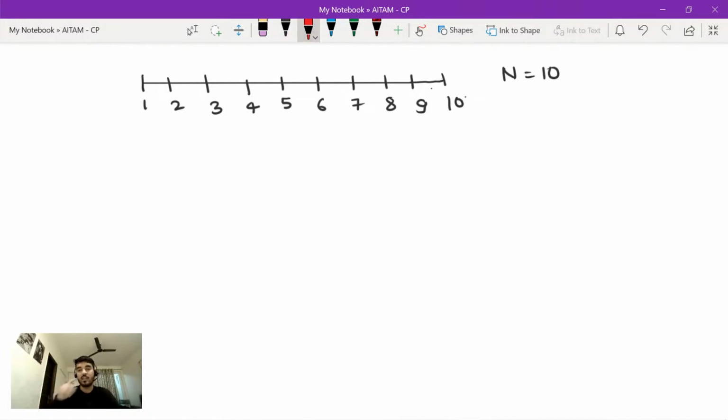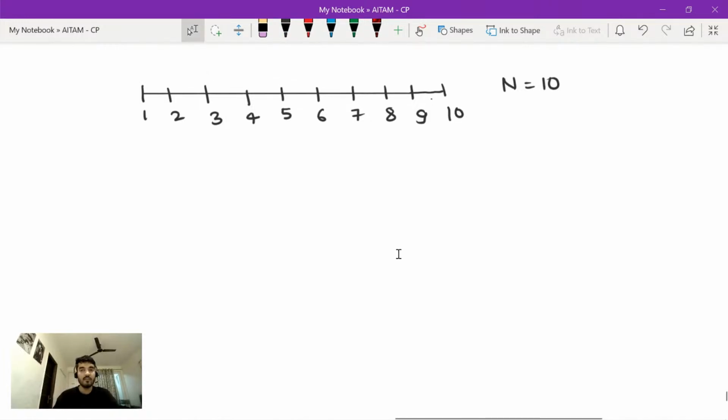So what are the possibilities we have? Either we make one component with the size 1 and another component with the size 9. So what will be their product?